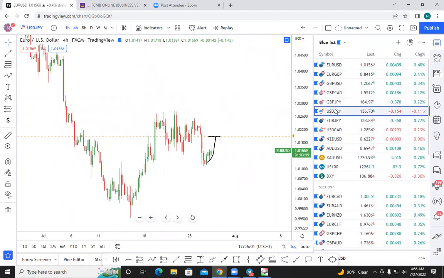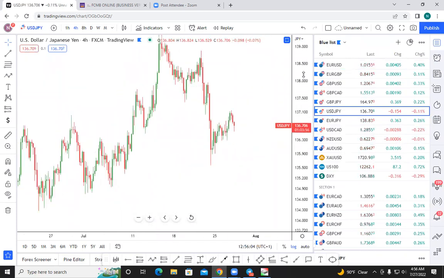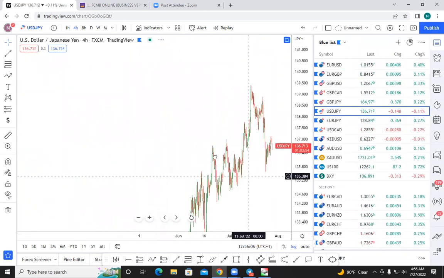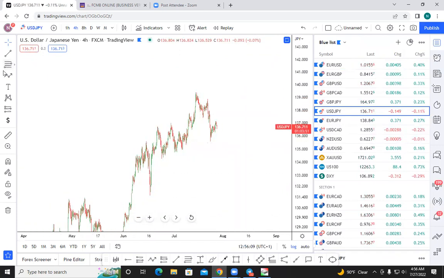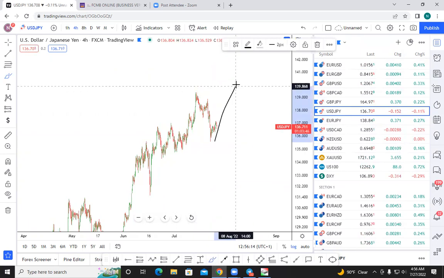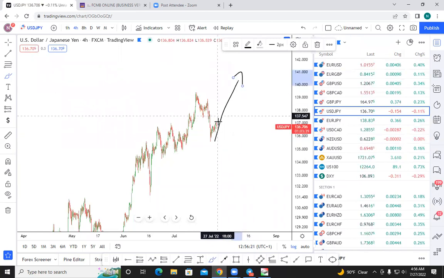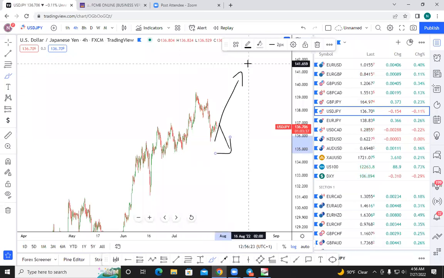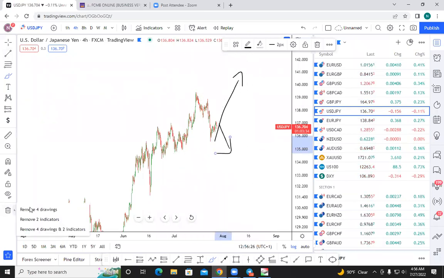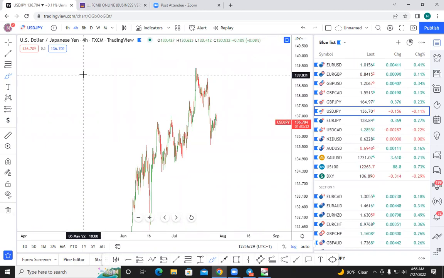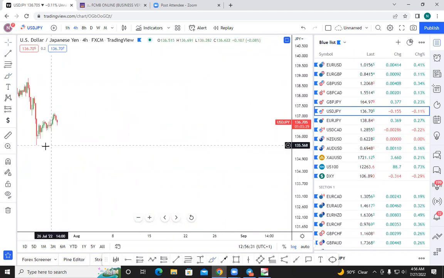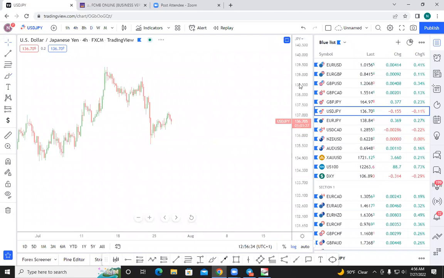And the reason why I was careful is that if we are expecting Fed to increase rates, there's possibility of USD JPY going up. The possibility is there for it to go up. So if we are already selling from here and it goes up, then we will lose. So what I want to do is to watch what is going to happen.